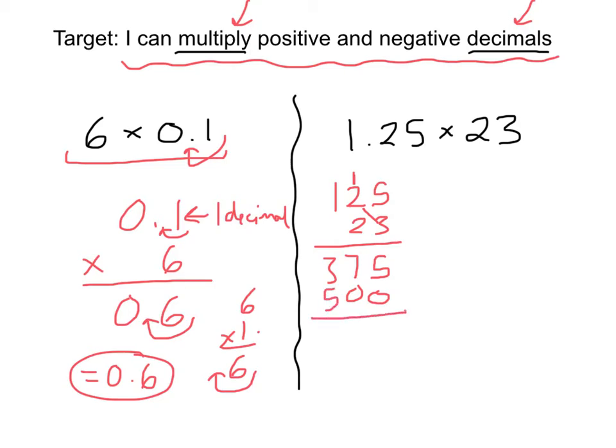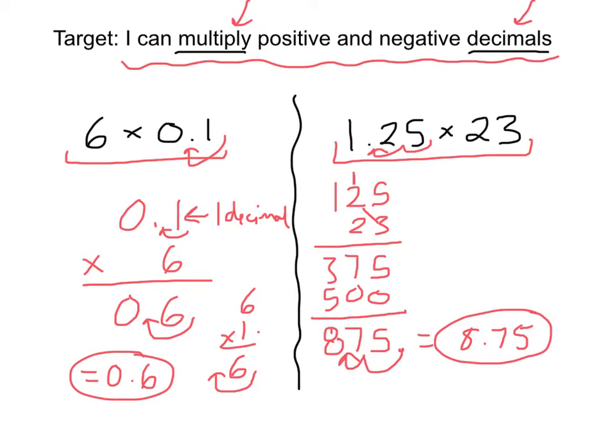So as I would normally multiply, I would add 5 plus 0 is 5, 7 plus 0 is 7, 3 plus 5 is 8. Well, 1.25 times 23 is not 875, but there are 2 places total in the numbers being multiplied. So I'm going to move the decimal in once, twice. So it's 8.75.